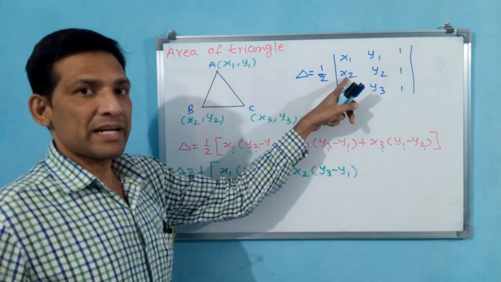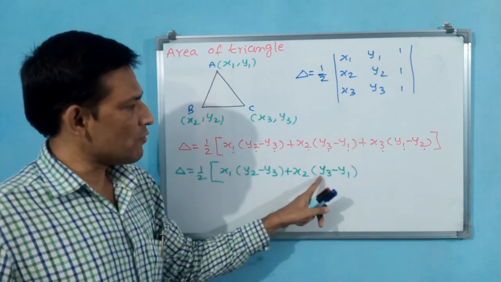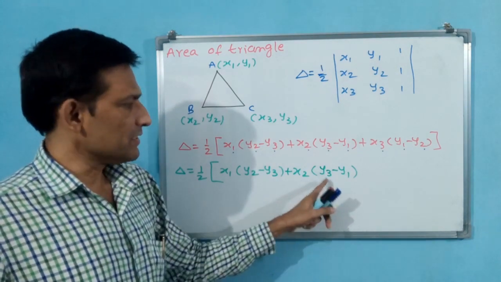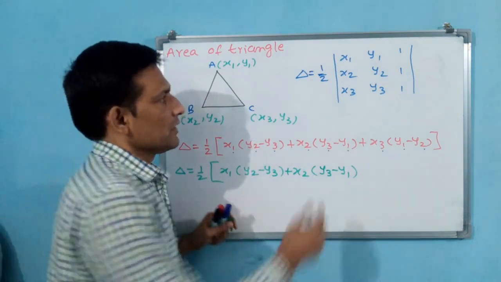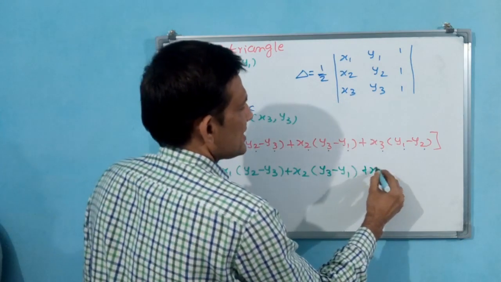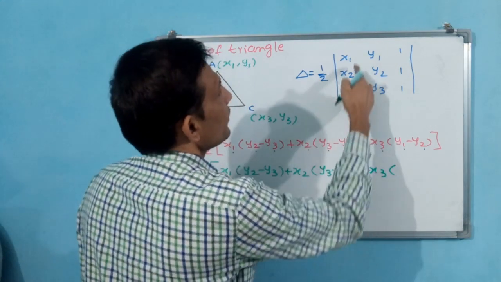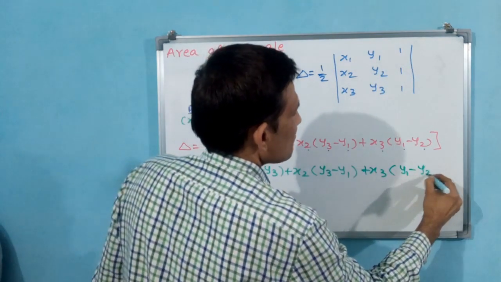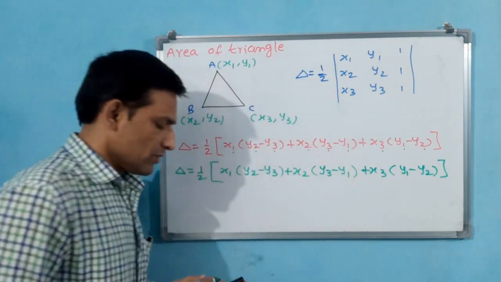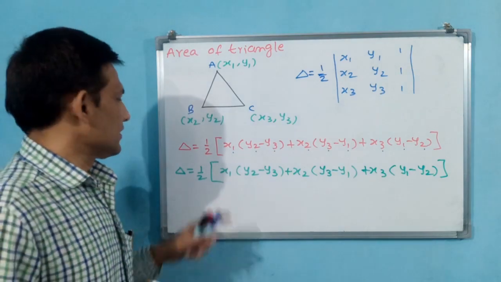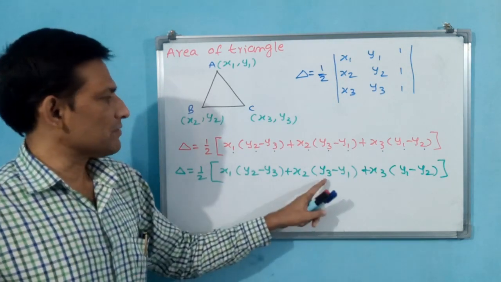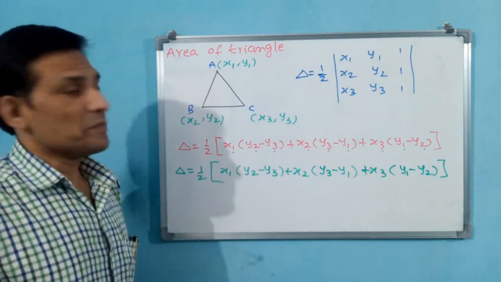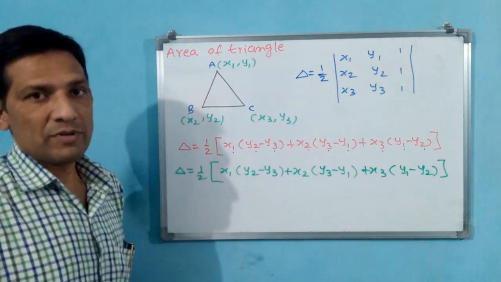Minus you have to take, but rather than taking minus, the inside I have reversed. After reversing, then minus will come. Now you see plus x3 into y1 minus y2. Is it okay? x1, x2, x3, y2 minus y3, y3 minus y1, y1 minus y2. That means both formulas are same.